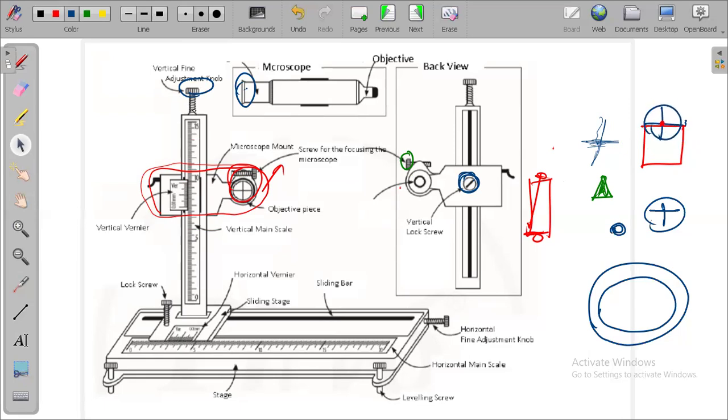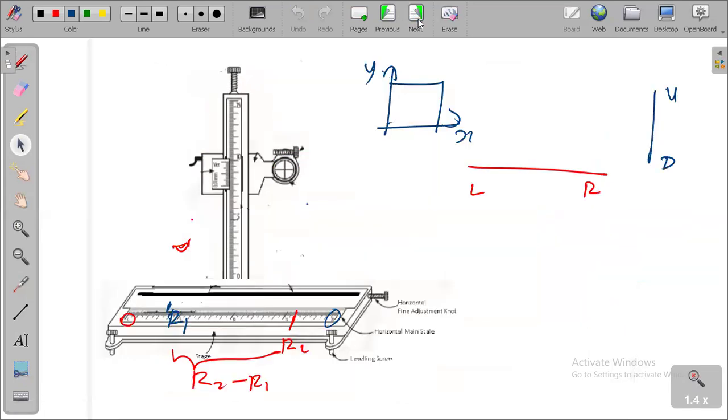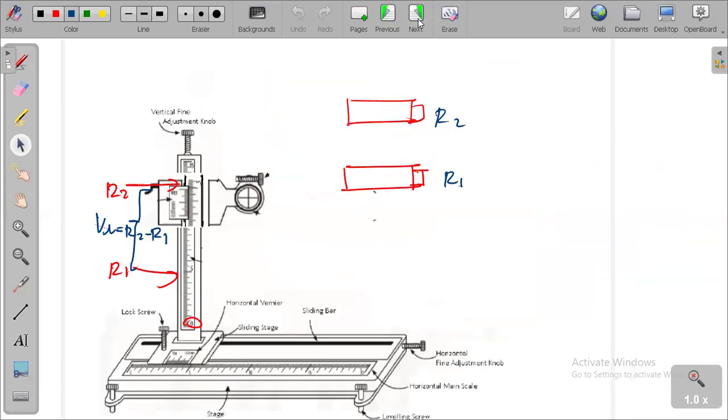How to do it? You have to turn the adjustment knob a bit slowly, then you can get the ideal location. You can do the same thing using the horizontal fine adjustment knob as well.